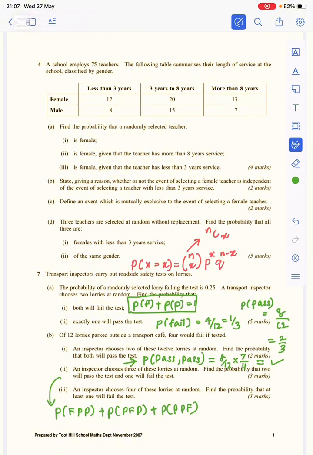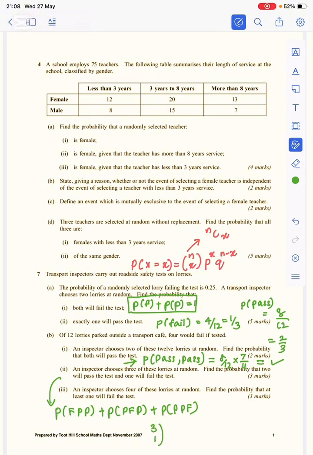This is the scenario. But for this one, you can get the answer from this one actually. But the easiest way to do this one is with combinations. Anyhow, you cannot use the binomial probability here. The reason is the trials are not independent, so the binomial probability distribution cannot be used.